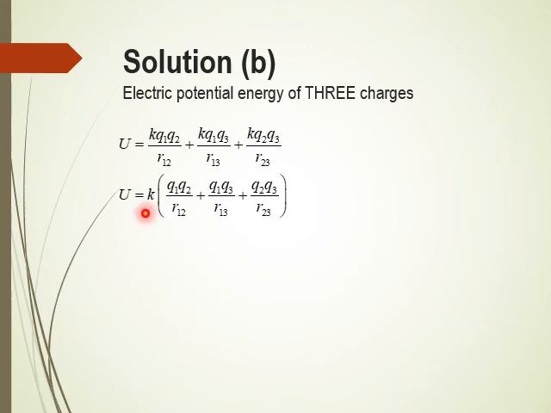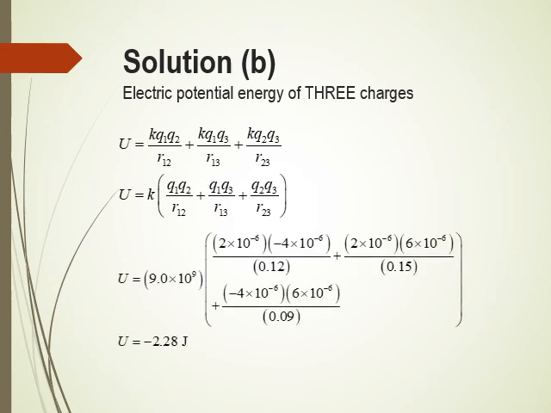To make it easier, you can factor out the k, and therefore the equation can be written as U equals k times the bracket of Q1Q2 over r12 plus Q1Q3 over r13 plus Q2Q3 over r23. Next, substitute the values into the equation and you will obtain U equals negative 2.28 joule.